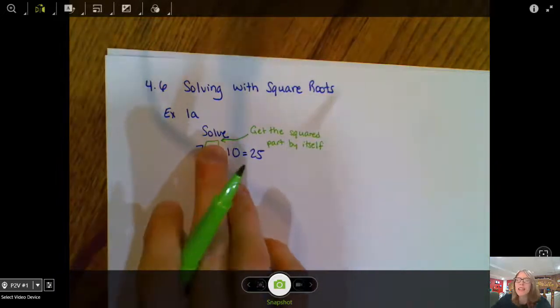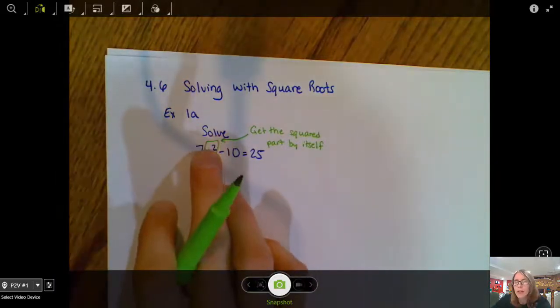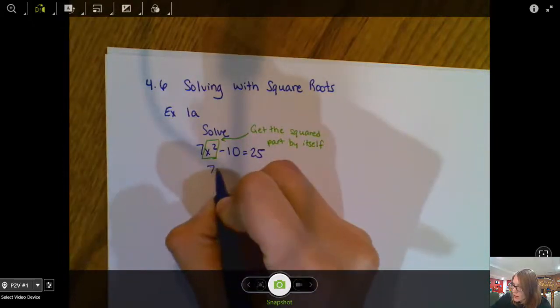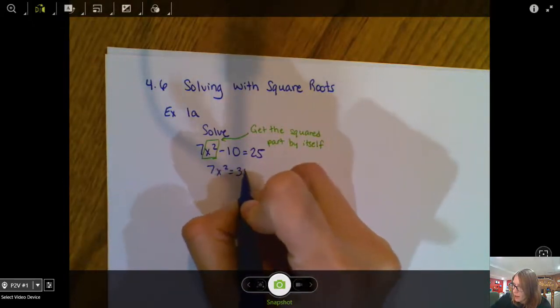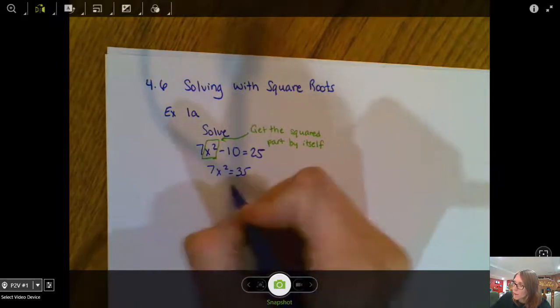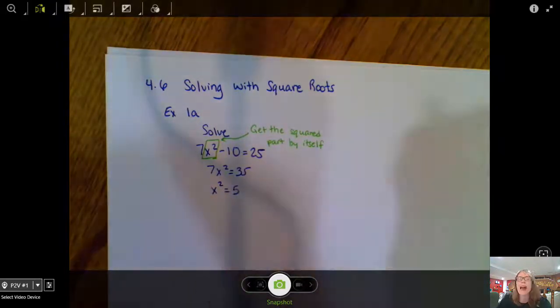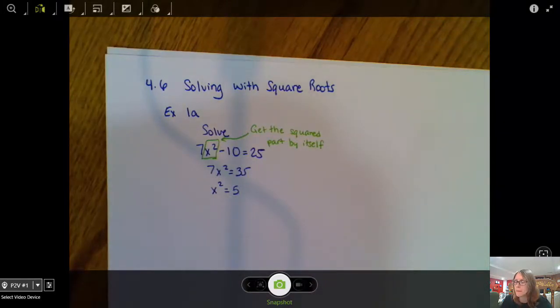And if you think about it, if this was just an x here, how would you solve your equation? You'd add 10 to both sides. That should give us 7x squared equals 35. And then you'd divide by 7, giving us x squared equals 5.